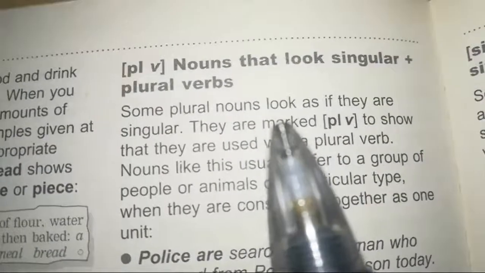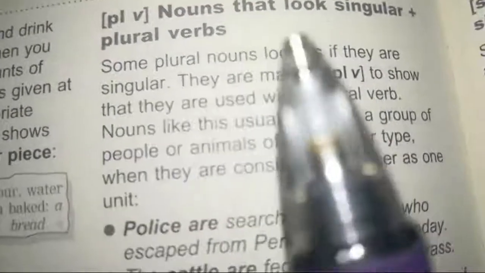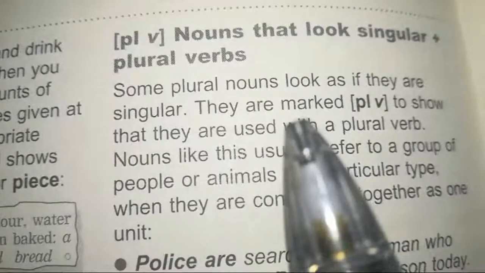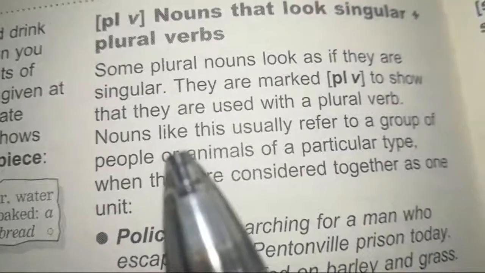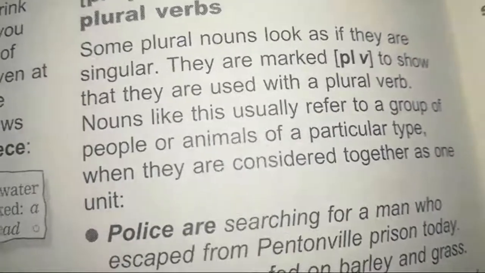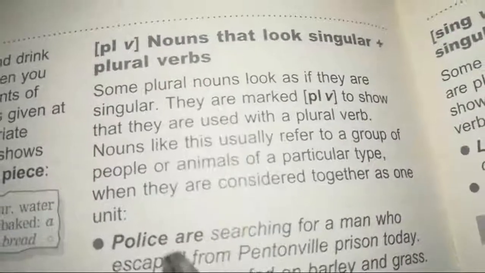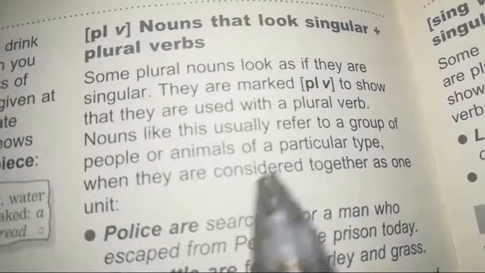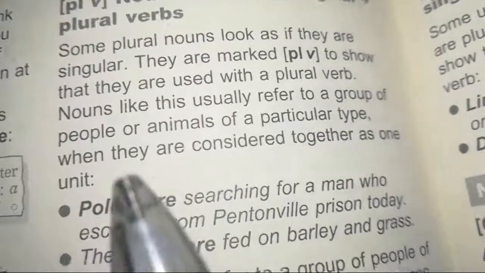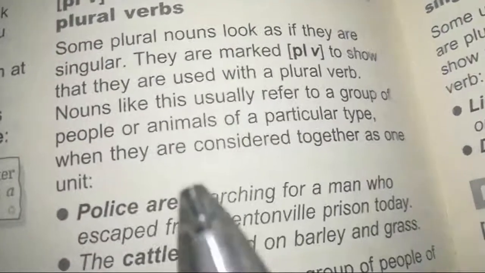Nouns that look singular have plural verbs. Some plural nouns look as if they are singular. They are marked PLV to show that they are used with a plural verb. Nouns like this usually refer to a group of people or animals of a particular type when they are considered together as one unit.